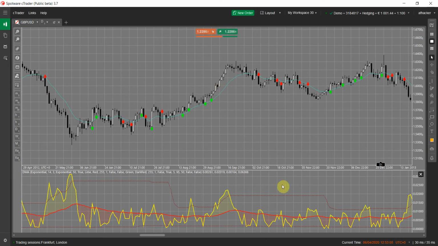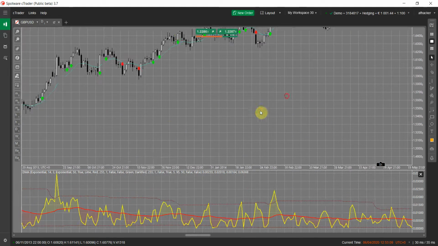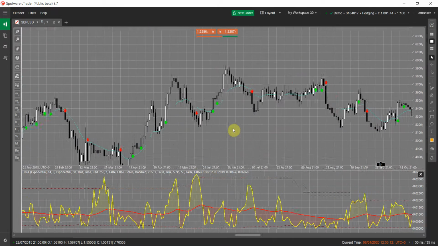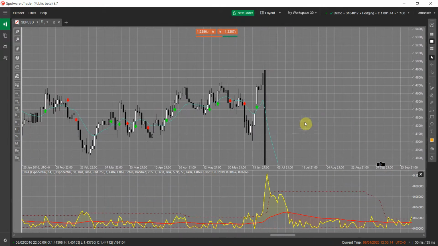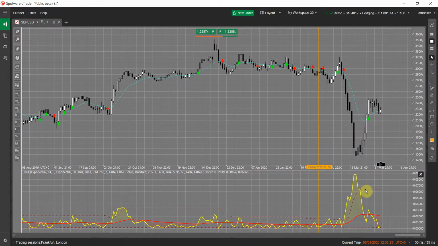Myself, I use this indicator for filtering, for checking if price is too far from its mean or not, because I don't mostly use the indicator signals. I use the indicator data or these lines, as you can see.